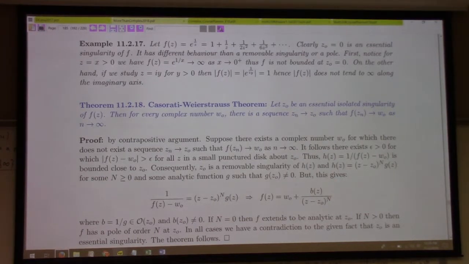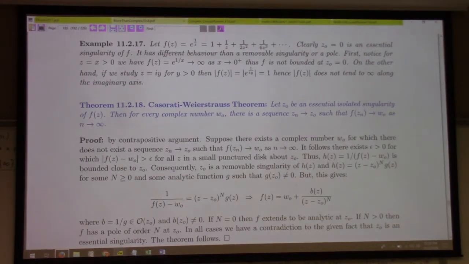So I get infinity from one side, I get 0 from another. If you look at z equals iy, what's that? Well, i times any real number is something on the unit circle, right? As long as y is not equal to 0, 1 over y is just a real number.